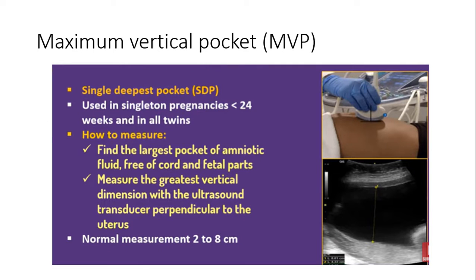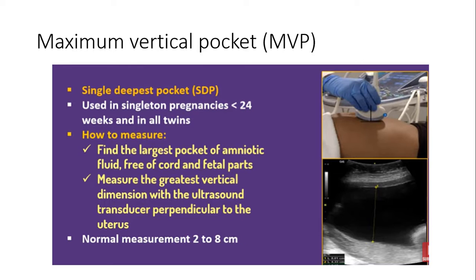Let's come back to one of the measurements, which we call maximum vertical pocket measurement, or single deepest pocket, SDP. It is usually used in single pregnancies less than 24 weeks of gestation, so before the third trimester of pregnancy. How can we measure it?